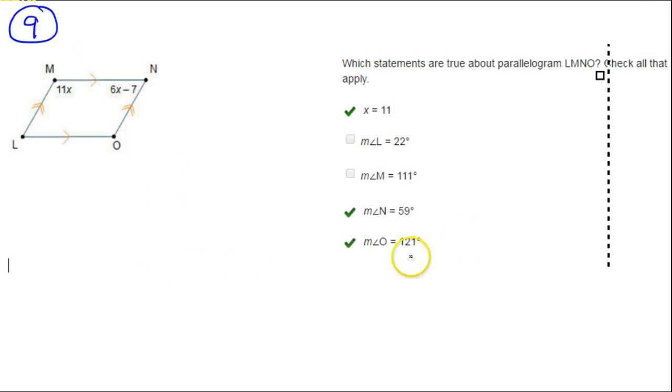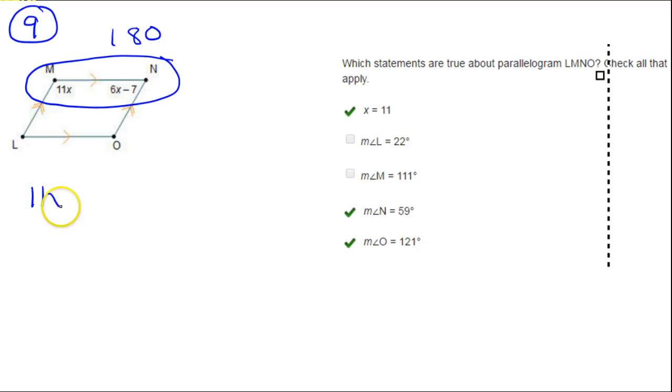All right, here's problem number 9. I got a dotted line right there. This is a parallelogram, and one thing that we know about a parallelogram is that consecutive angles such as these are supplementary. That means these two angles have to add up to 180. So 11x plus 6x minus 7 has to equal 180 degrees.